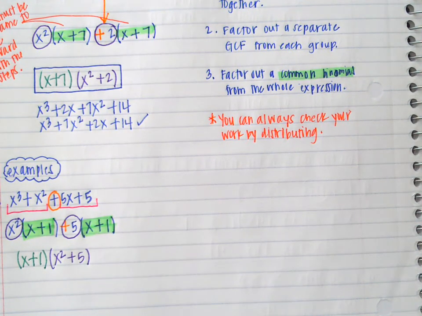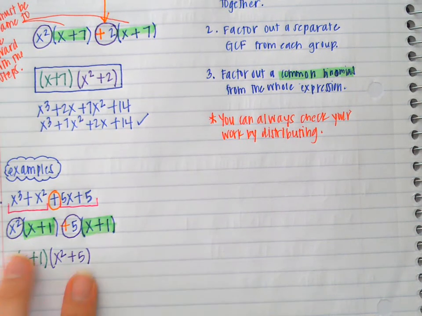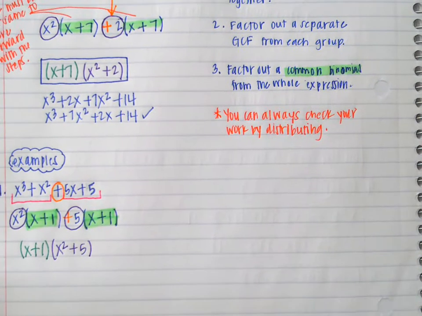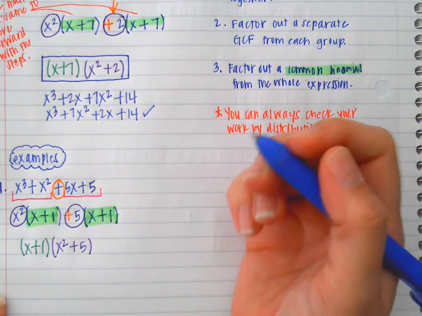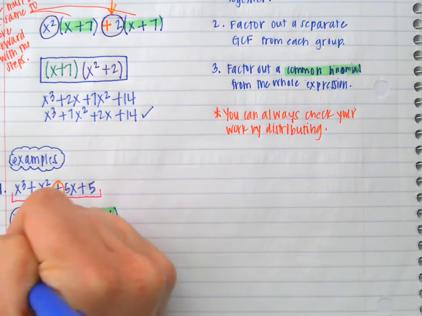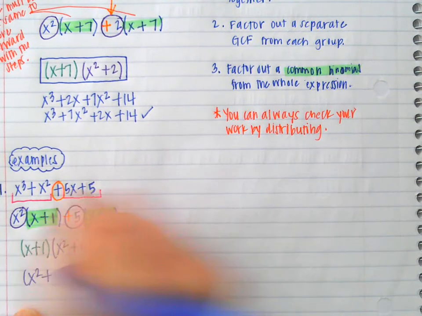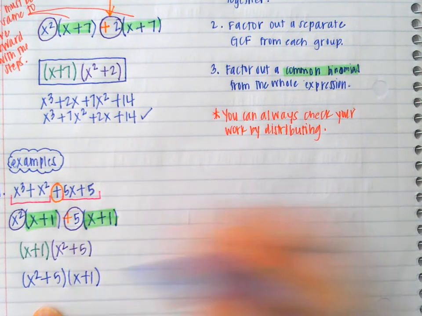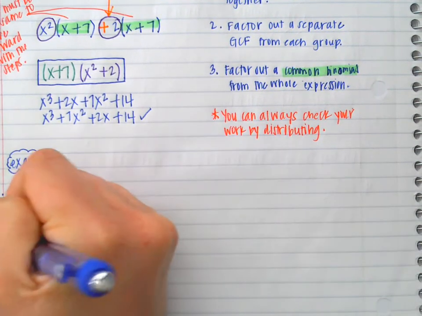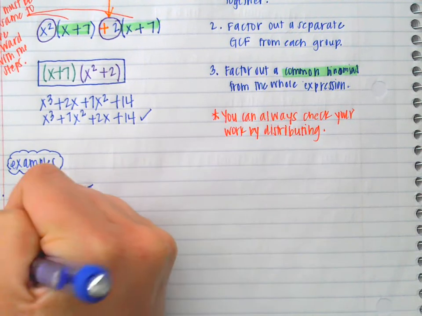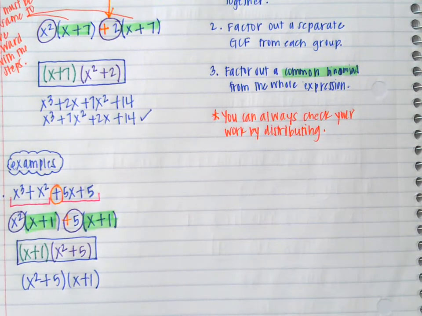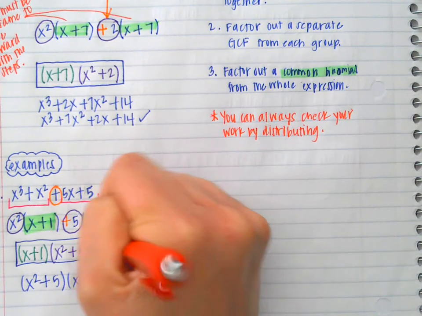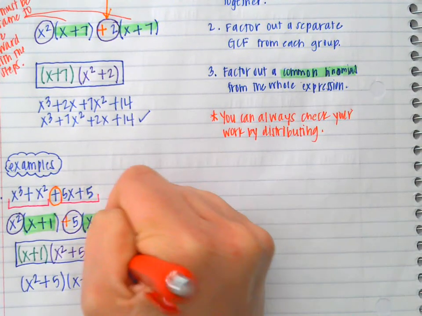Now, if you guys wrote it flipped, as x squared plus 5 times x plus 1, that's totally fine too. Either one is totally right because we're multiplying, right? So these are the same answers.